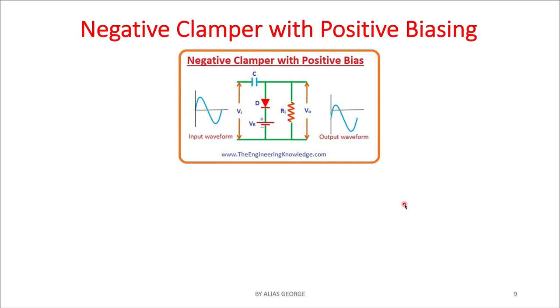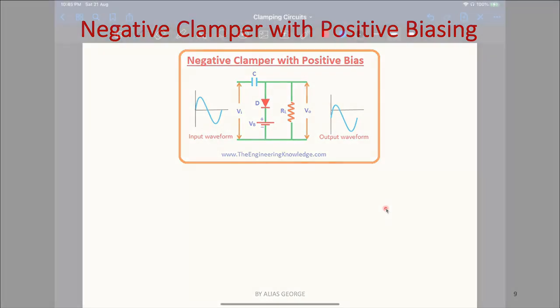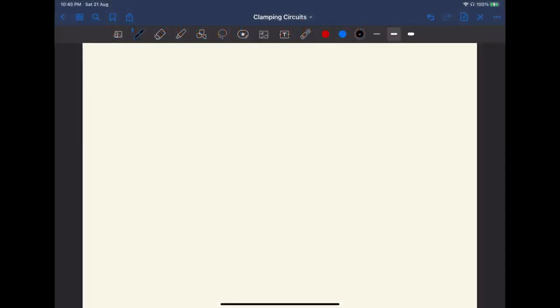Next, we are going to explain the negative clamper with the positive biasing, and we will be explaining with the negative biasing also. So we can see negative clamper with the positive biasing. We can draw the circuit.